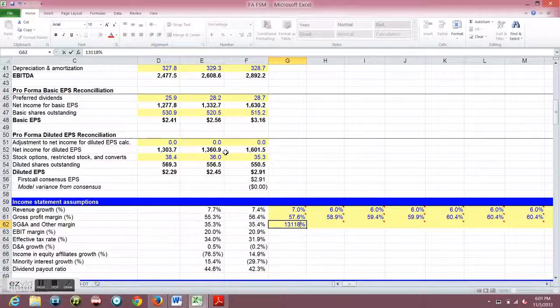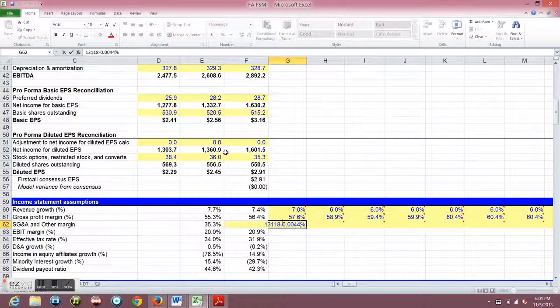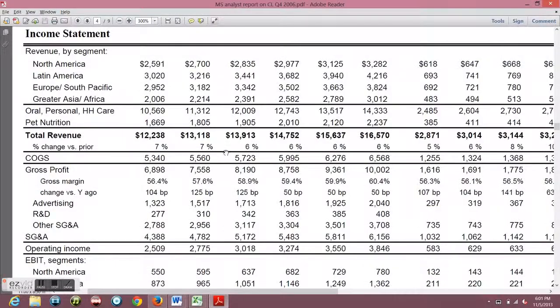Then we're going to do minus 0.0044, and it's so minute that it really doesn't make any difference. Oh, I didn't even put it up here, so it's going to be SG&A 4782.